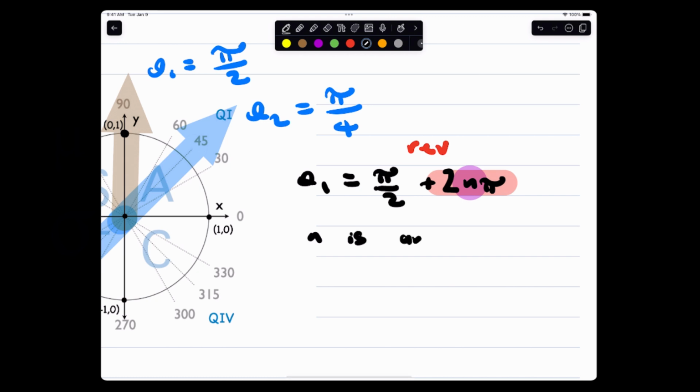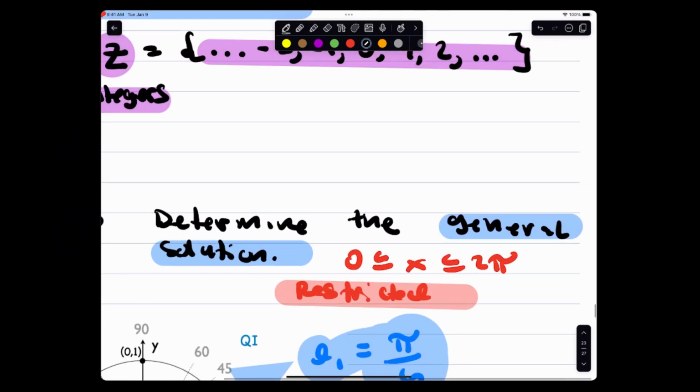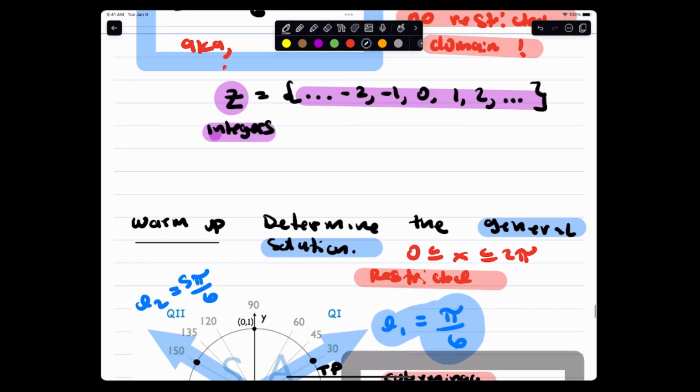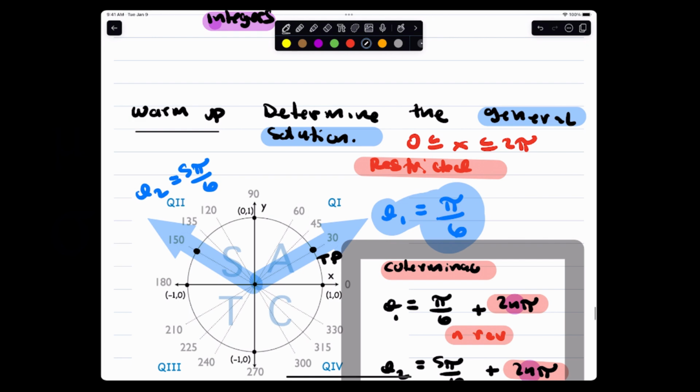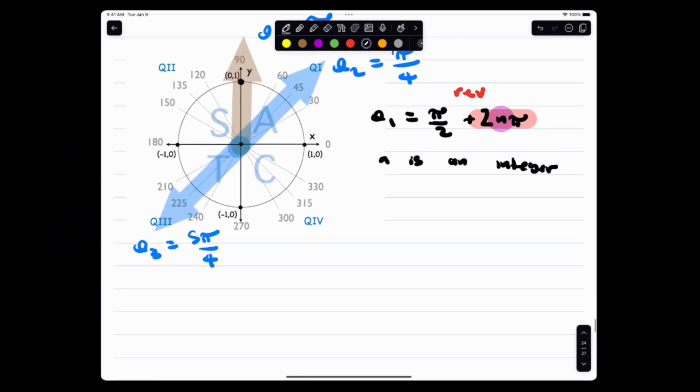N is an integer because the integers, again, are these numbers right in here. We're going to look at how to do this, and some details with this today. I just want to remark that we're going to warm up by getting general solutions, and then we're going to talk in a little more detail about why you care about that. It's related to your question, but n must be a what?